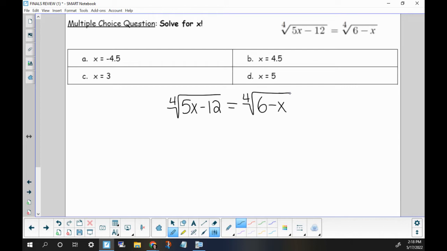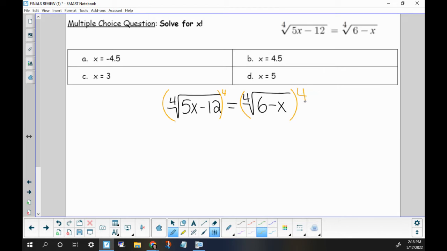What do we do here? Raise it to what? The 4th power.